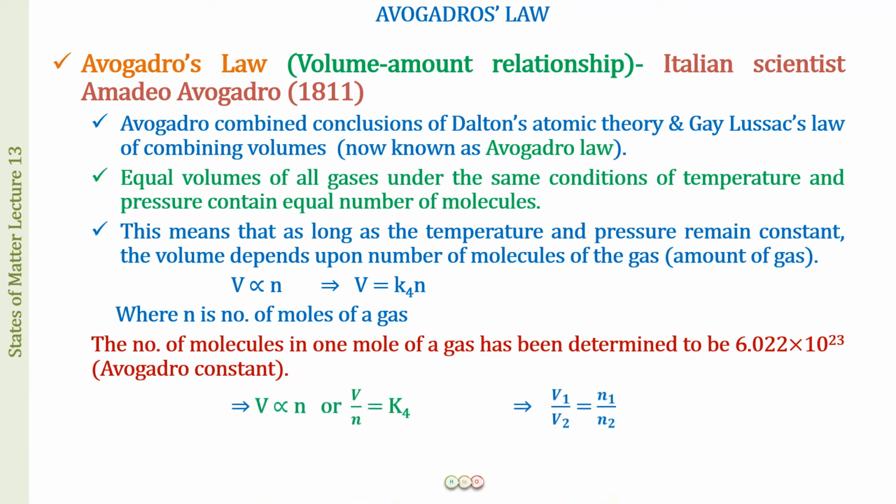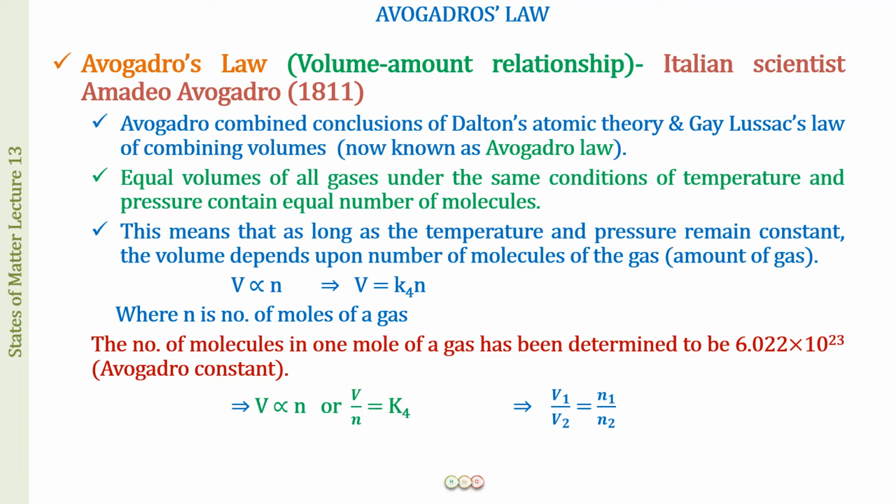Now what we get from V directly proportional to N is that we can say that V by N is equal to K4, or we can say that V1 by V2 is equal to N1 by N2. And I hope I do not have to draw all these graphs with you. We have been discussing a lot of graphs and you have an understanding of the graph.